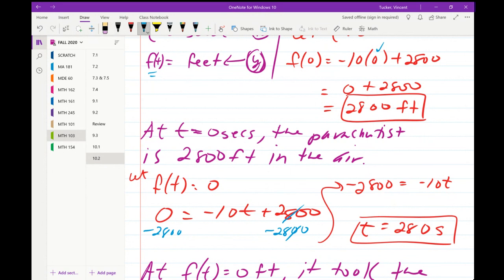So that'll leave you with negative 2,800 equal to negative 10t. So then we'll divide by negative 10. Negative 10 cancels on the right, leaving us with t equal to 280 seconds.